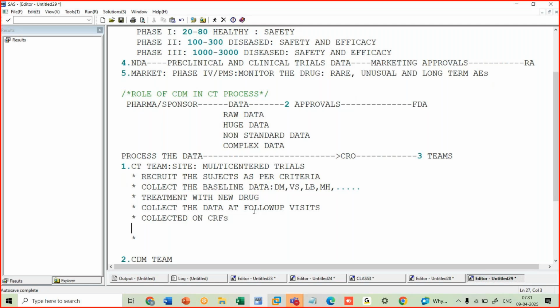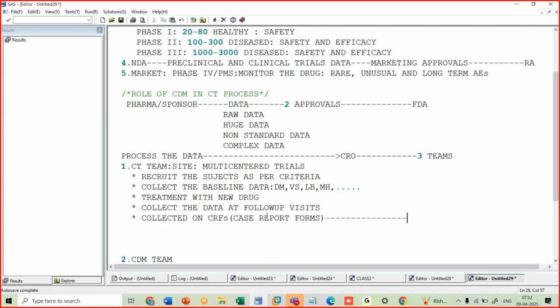So a CRF is a case report form which is used to collect the data from the patients.